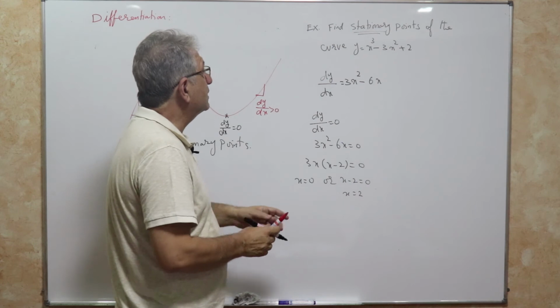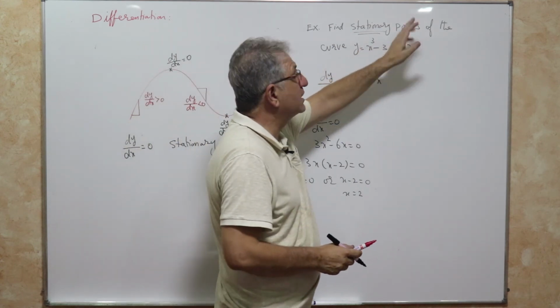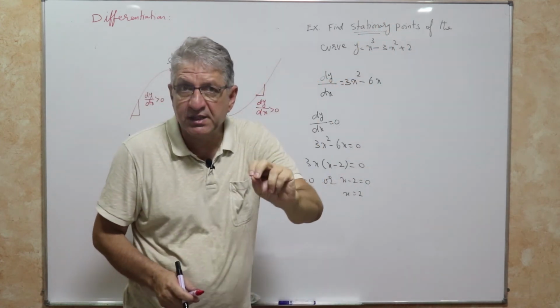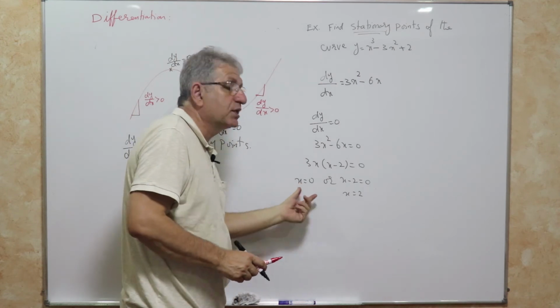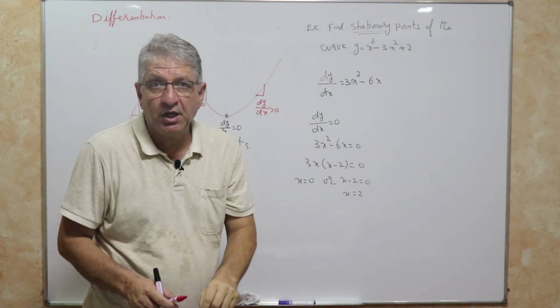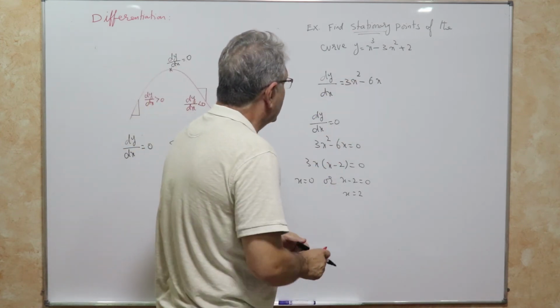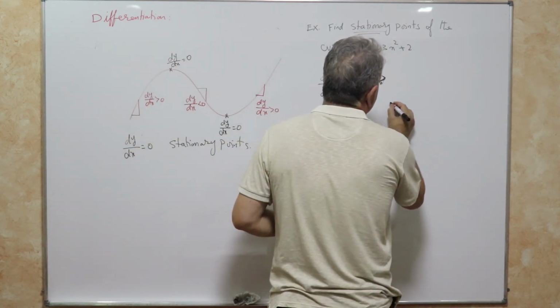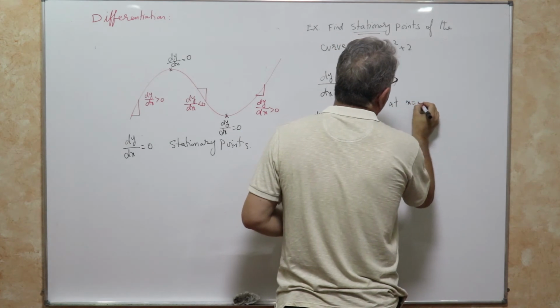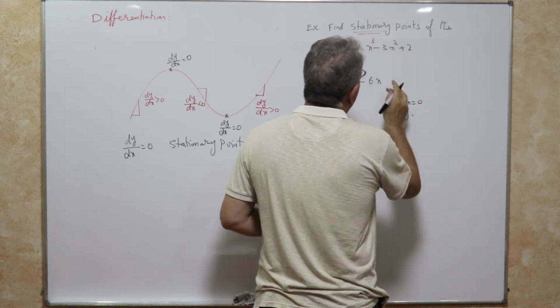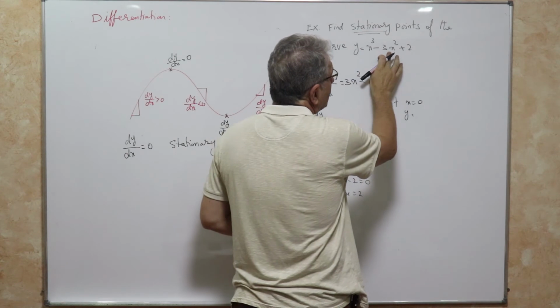Okay, since stationary points consist of 2 coordinates, when you are finding the x coordinate, you need to find the y coordinate also. That's very important. Don't forget that. Therefore at x equal to 0, y will be equal to 0 plus 2.